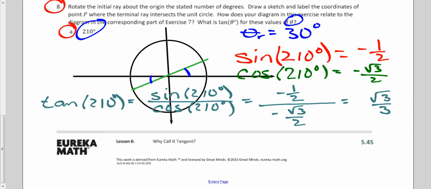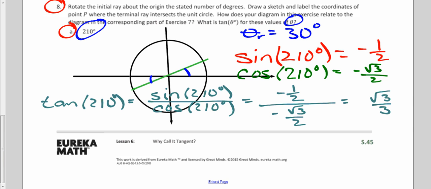Bad geometric drawings. But if this is 30, what does that have to be? 30. They're alternate angles, right? When two lines intersect, the alternate angles have to be equal. That's like a geometry theorem or something, right? Yes.